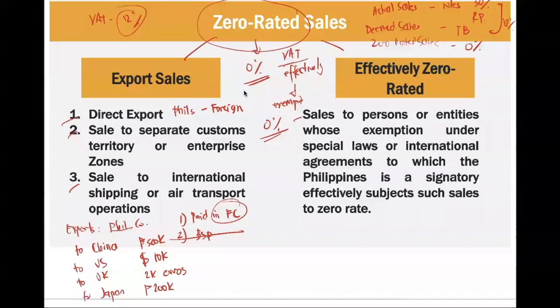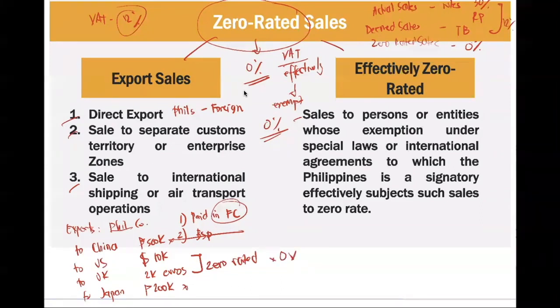However, take note, as a rule on your export sale, we will only include those paid in foreign currency. So the 500,000 pesos and 200,000 pesos export sales are not considered zero rated sales. What is considered zero rated sale? Only these two items. So this is zero rated. When we say it is zero rated, we do not have an output VAT.